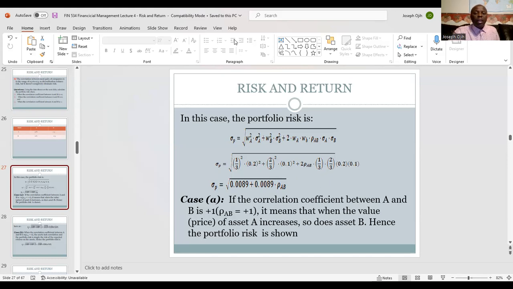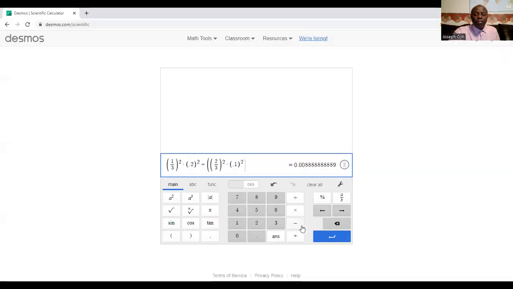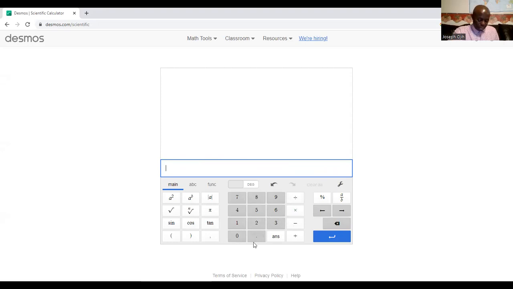So have it in this form. 2 times 1/3 times 2/3. Okay, I think this is it.